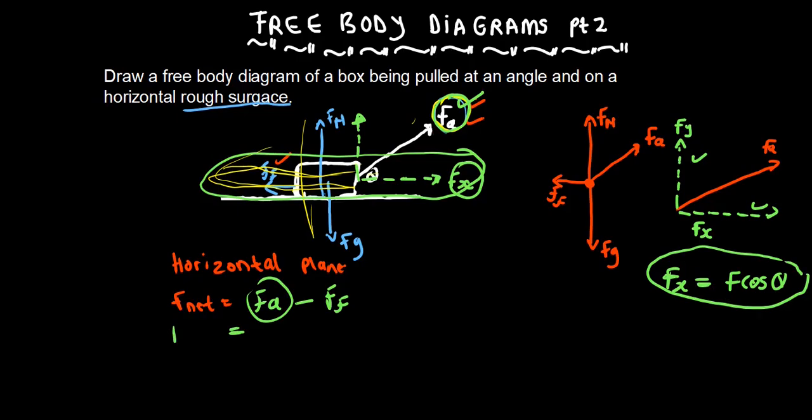So our net force equals Fa cos theta minus the frictional force. And that's how you get your net force on your horizontal plane.